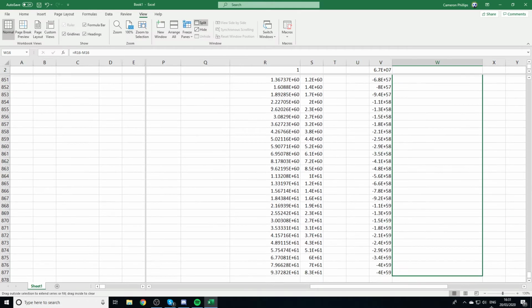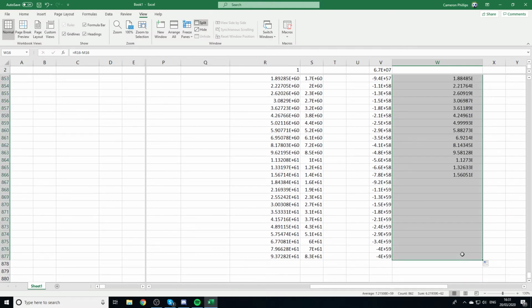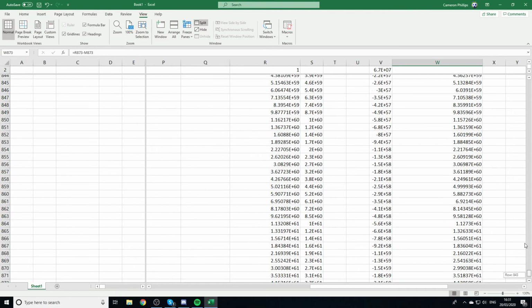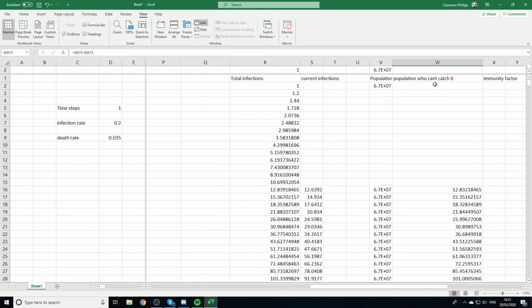So let's copy and paste that down. So we have people who can't catch it, and it's going to be very similar to the total infections, but as the death rate goes up, it becomes smaller. So these are the people still alive who can't get it. And then we have to say to ourselves, well, these are the people who can't get it.